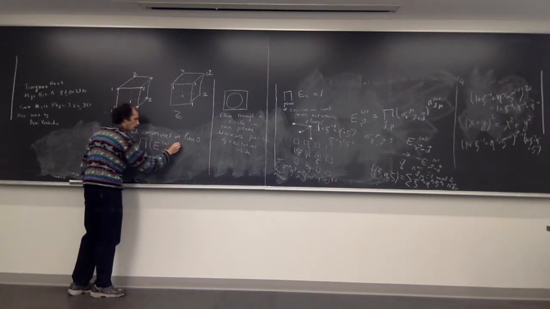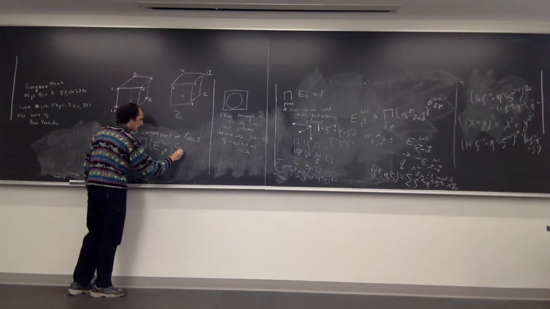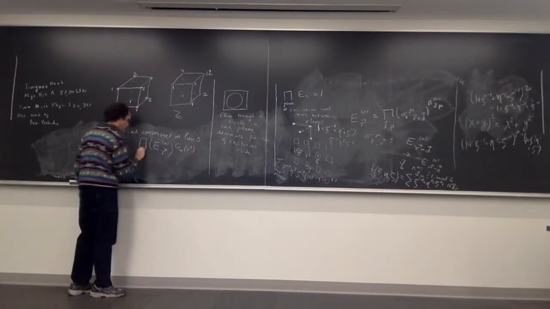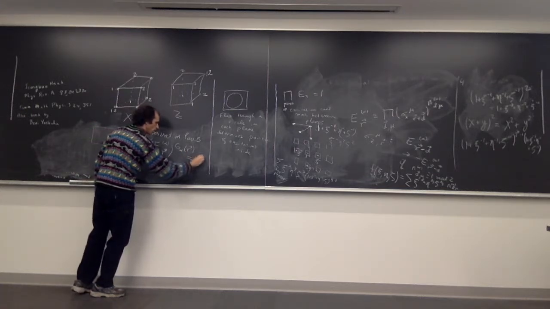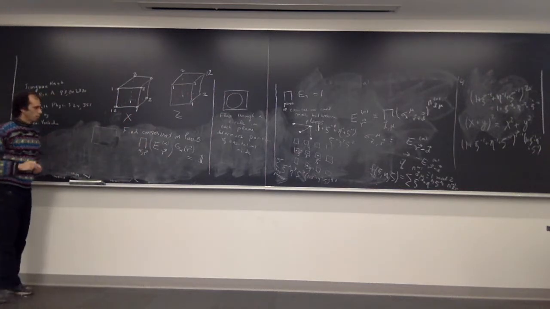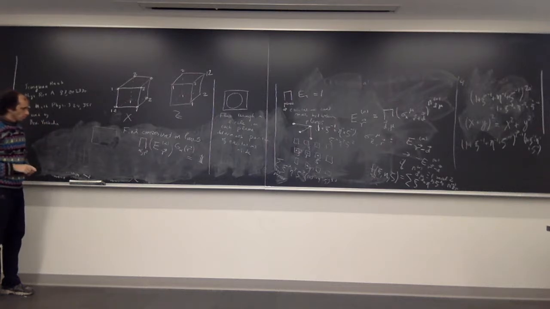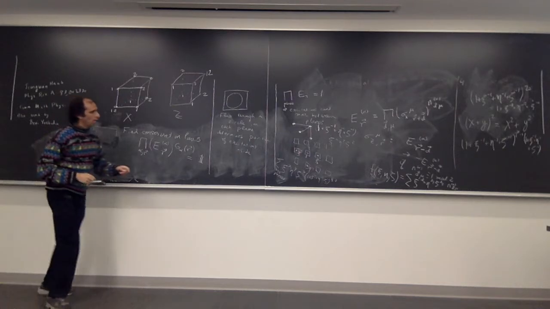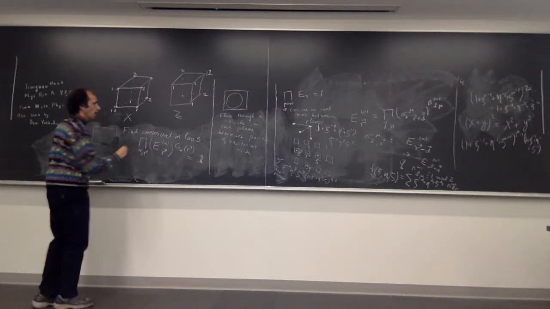I have a product of E's on certain cubes, so I'll represent that by the function G. So this G is either 0 or 1 for each cube and for each alpha. And I want to figure out what it has to satisfy. So I have the formula for E over here. If I combine them together, I get that.